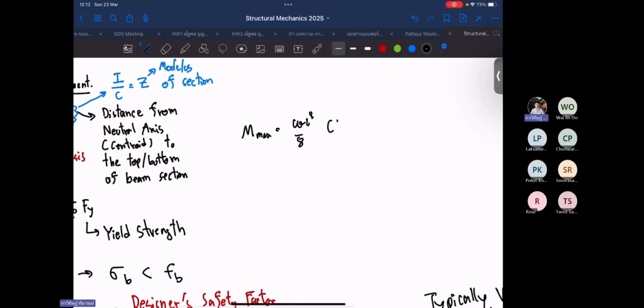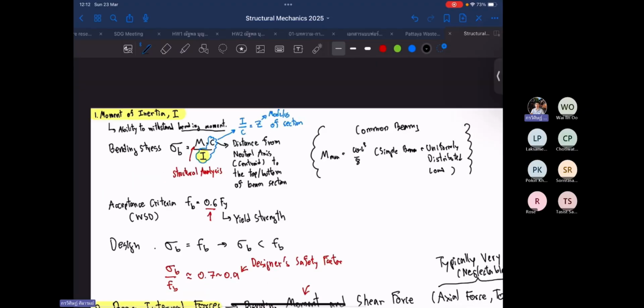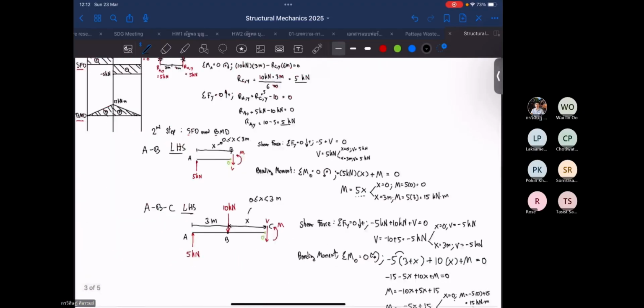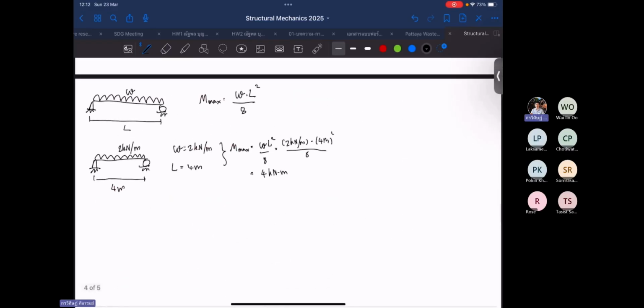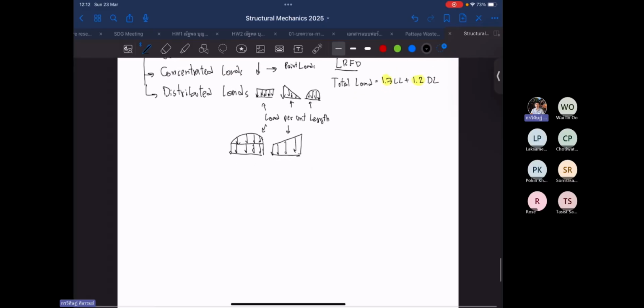This one is a simple beam plus uniform distributed load. This one is a common beam. Then we come to our last topic, which is the beam stress.